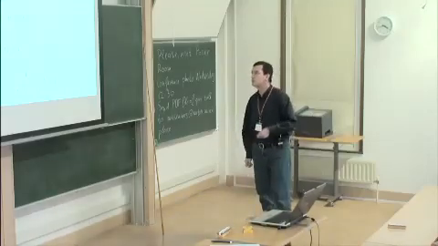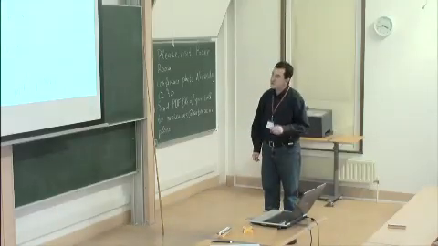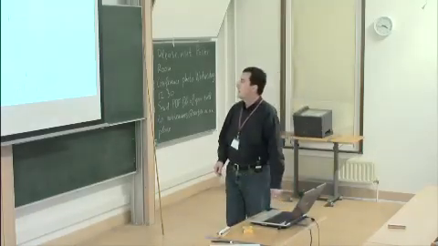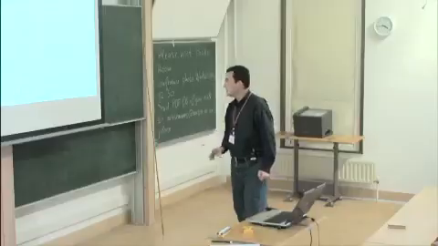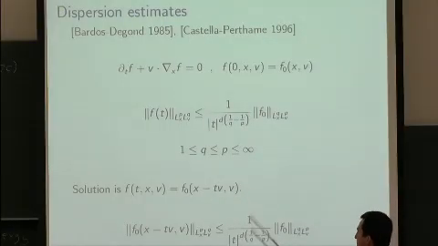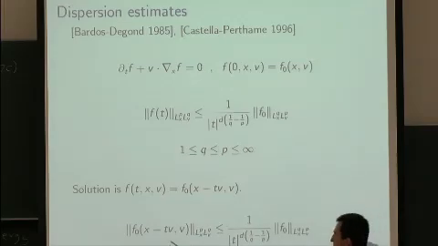That's how it enters our proof. It's the price you have to pay for this little gain of changing p and q. And the solution of this problem is very easy. It's just F naught of x minus tv comma v, and the estimate simply says that if you have a function of x minus tv comma v, you can estimate it like this.